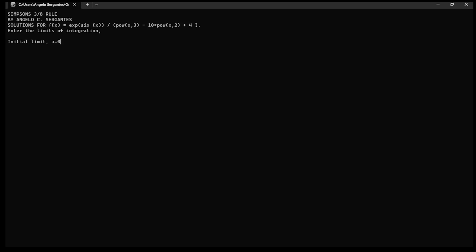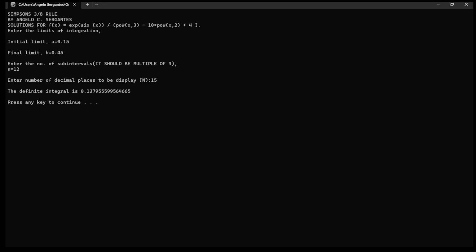So the initial limit is 0.15 and the final limit is 0.45. Then enter the number of intervals, which should be a multiple of 3; the problem states that we need 12. The number of decimal places to be displayed is 15. So the definite integral for this problem is 0.137955599564665.